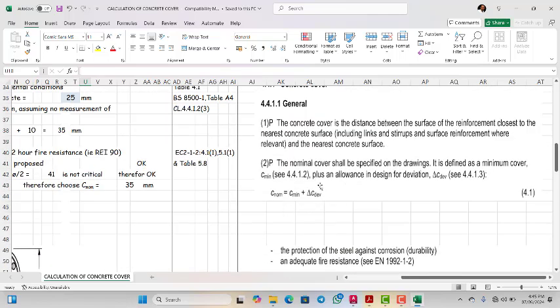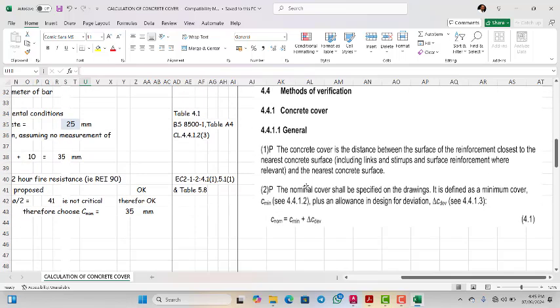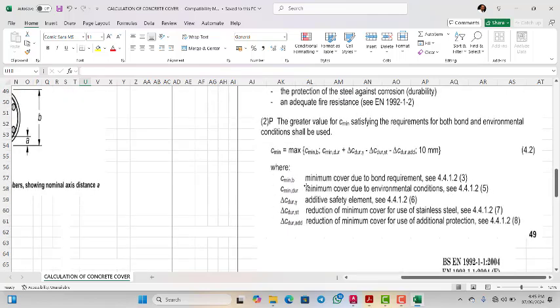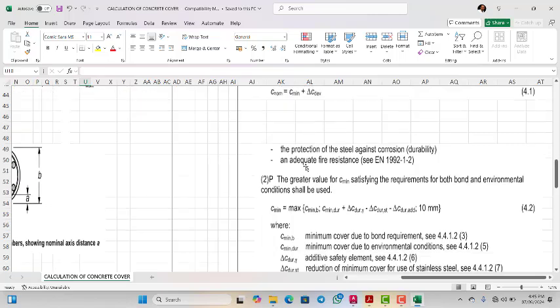This is where we derive the formula, Eurocode 2 clause 4.4.1. Here they have taken time to explain to us what each of these means.